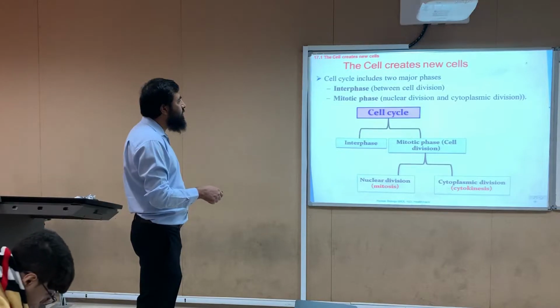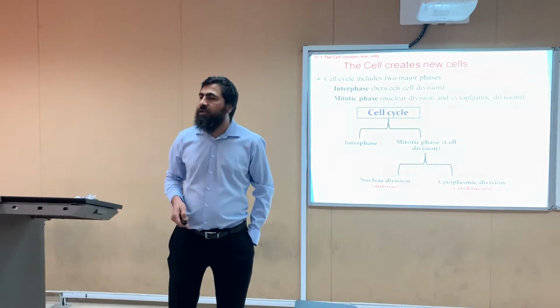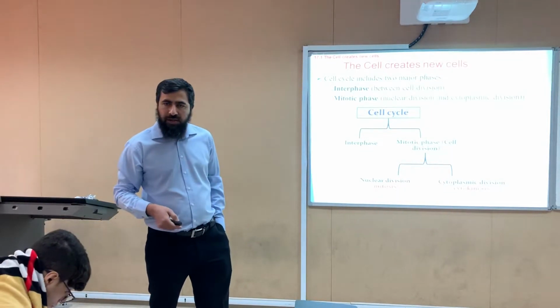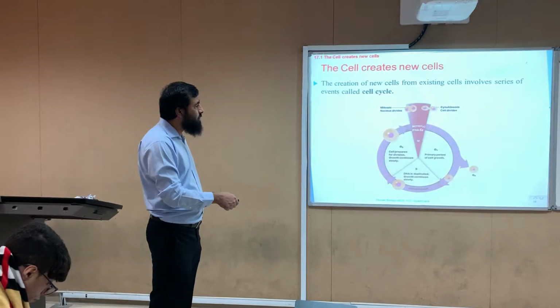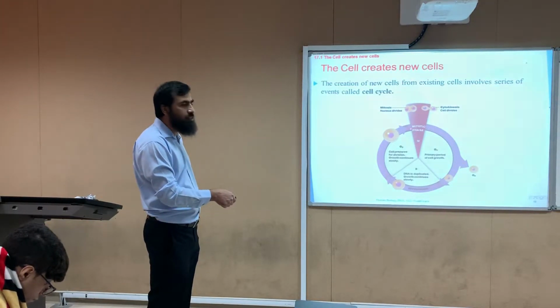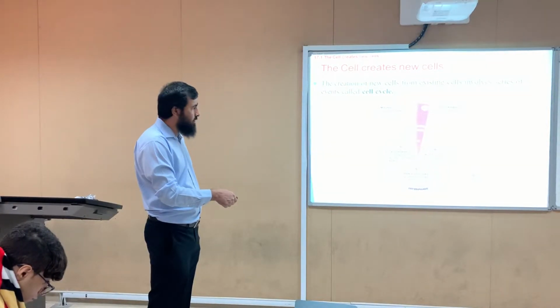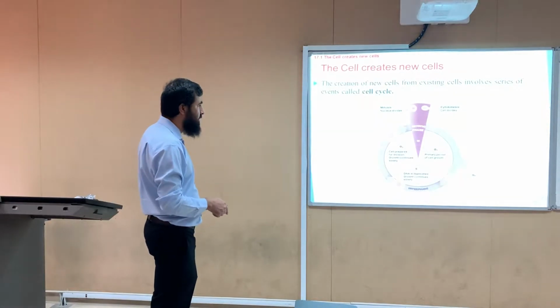So the interphase is a period where the cell is doing its normal metabolic activity. As soon as mitosis finishes, interphase begins, until the next mitotic phase, okay? Then it starts over.